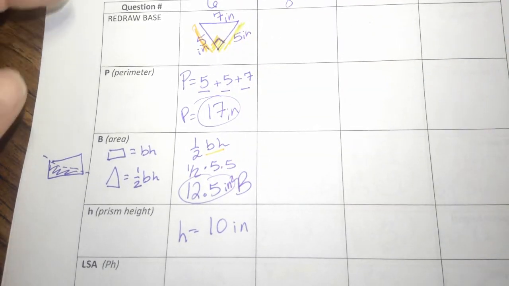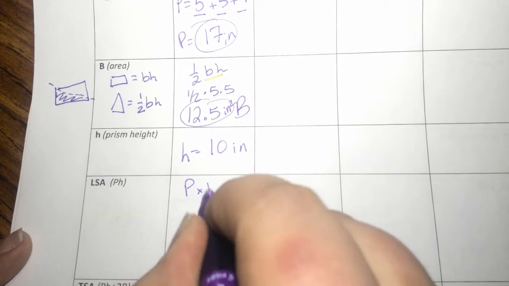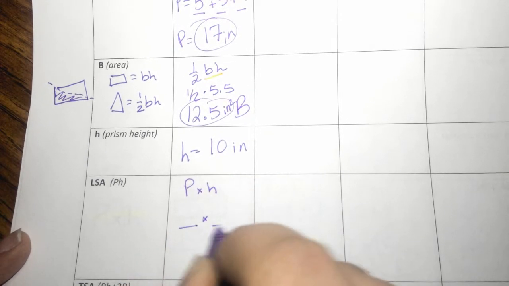Now that we have capital P, capital D, and H, we're all set to find the total and lateral surface areas. P times H. P is 17.